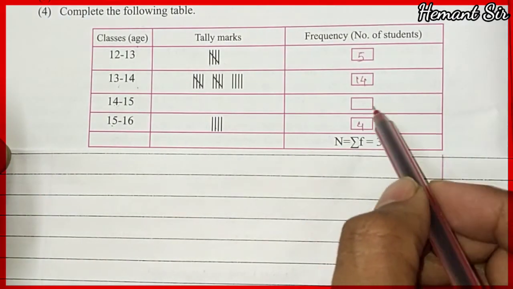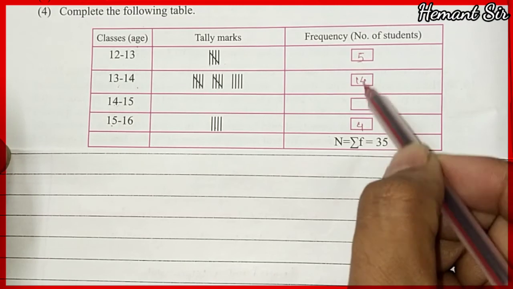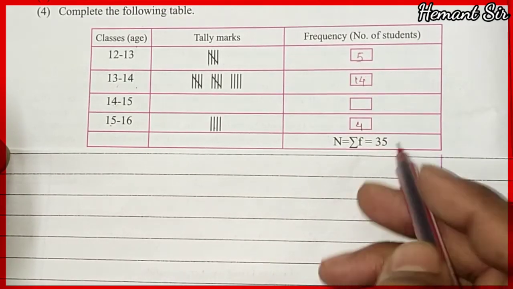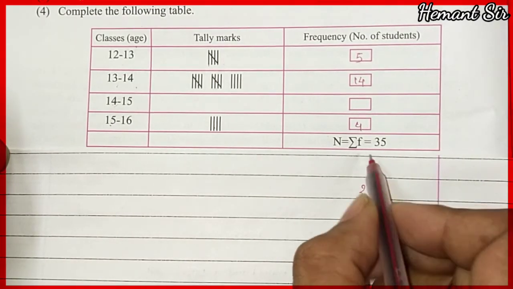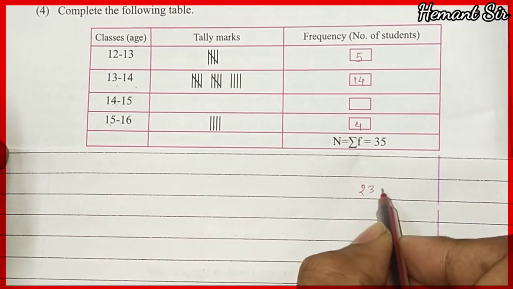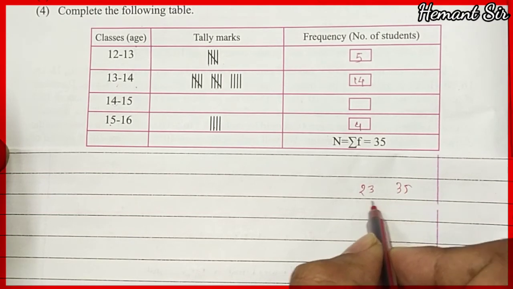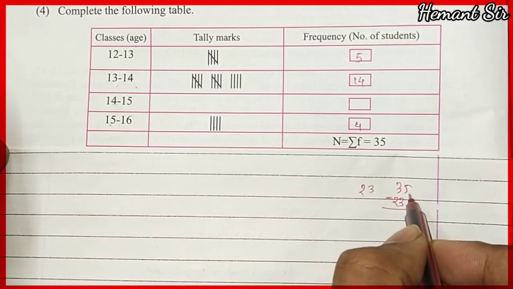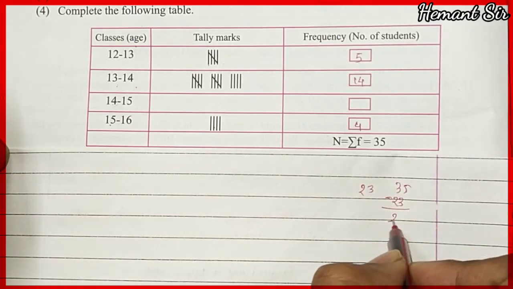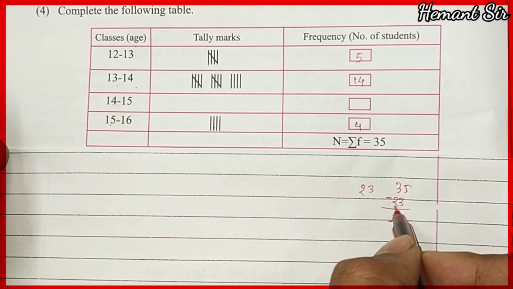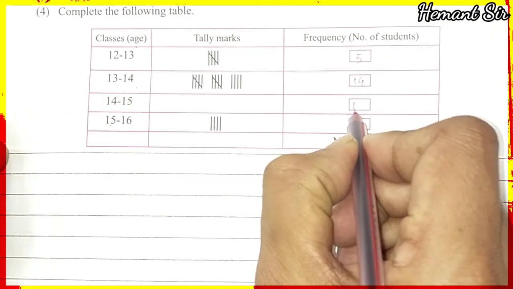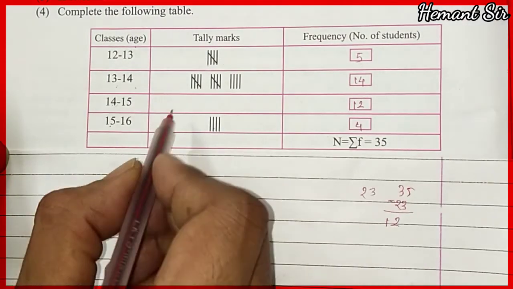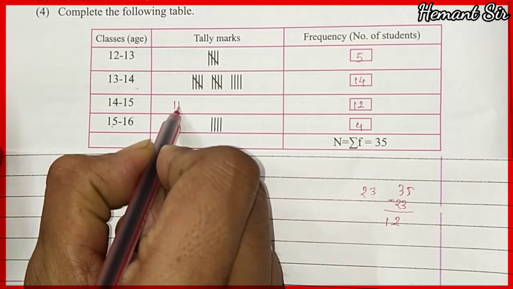Now we add the 3 numbers: 14 plus 4 is 18, 18 plus 5 is 23. But the total sum is 35, so we subtract 23 from 35. 5 minus 3 is 2 and 3 minus 2 is 1, that means 12 will come here.